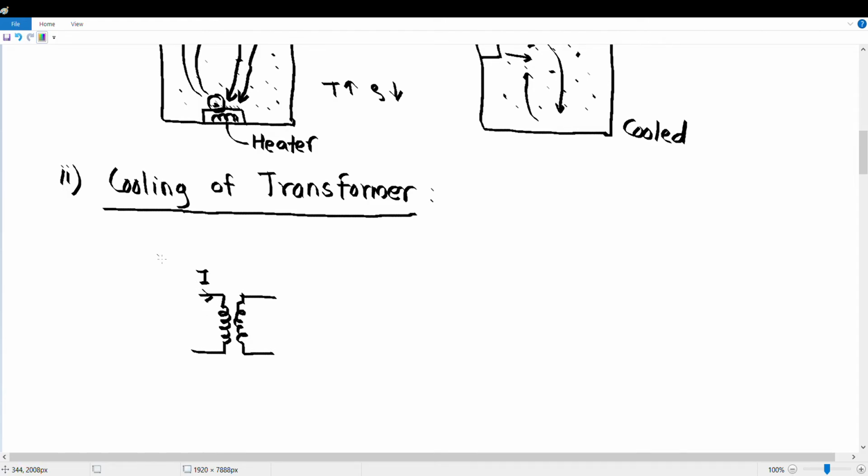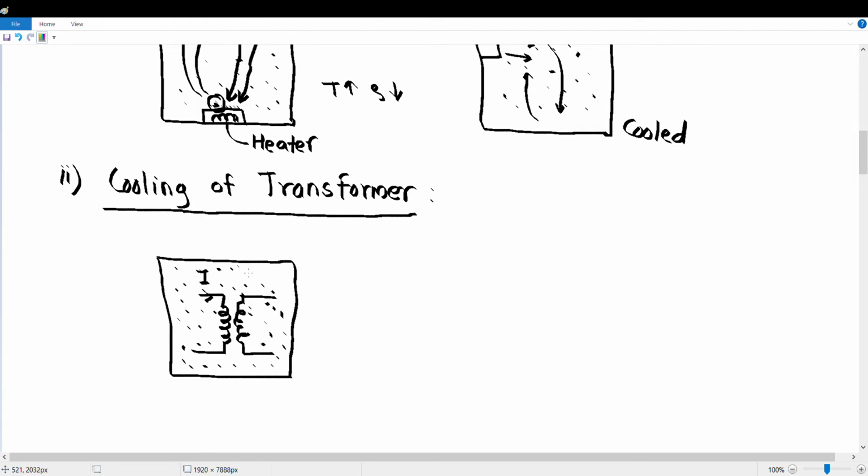We need to cool down these coils, and for this purpose we have the transformer oil within this transformer. This is the transformer oil.